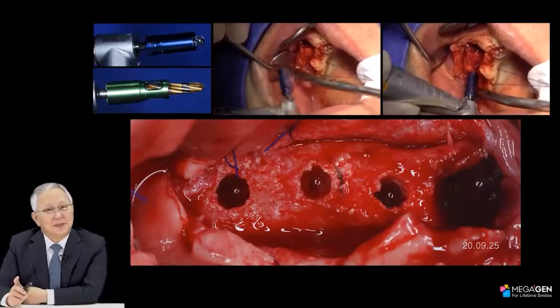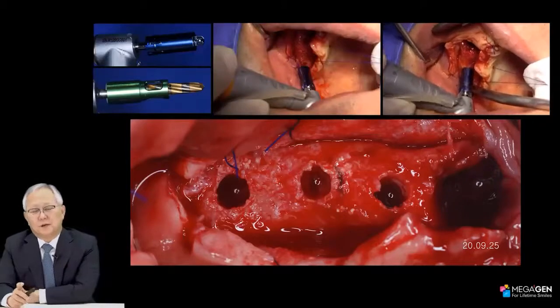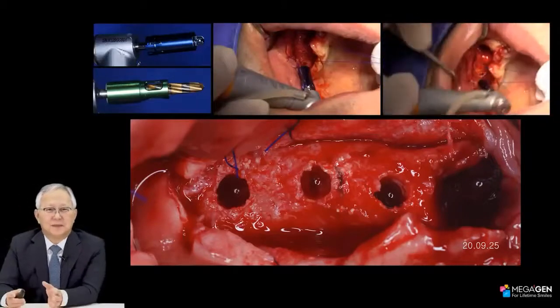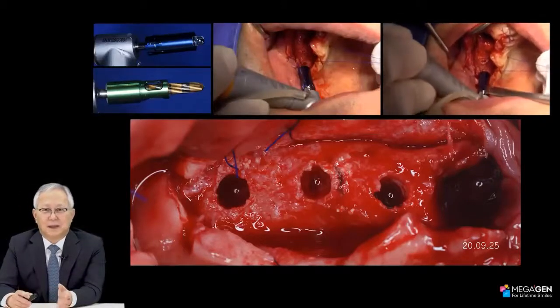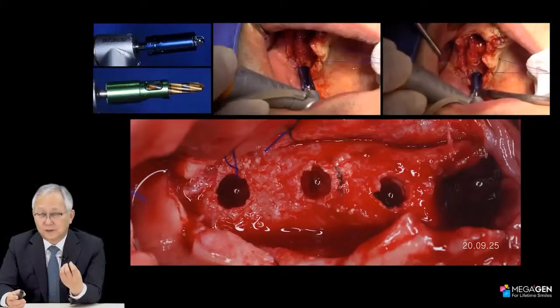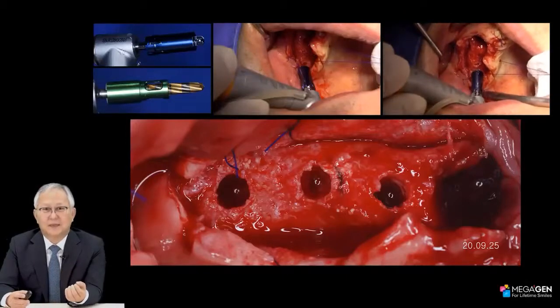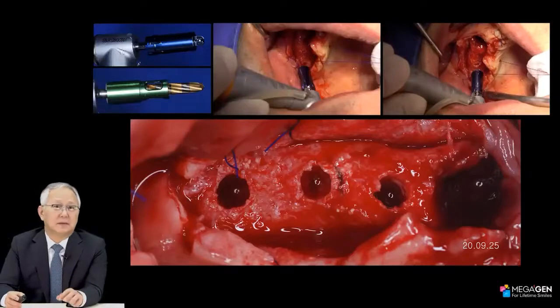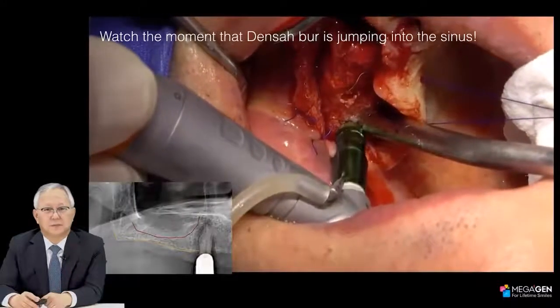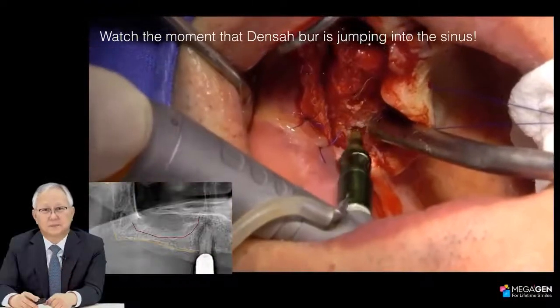This is quite an easy system. At the beginning, in three or 4 cases, you may need some guidance. But after that, when you have the feeling for dealing with the cortical bone of the sinus, you don't need to use other guided systems. See?